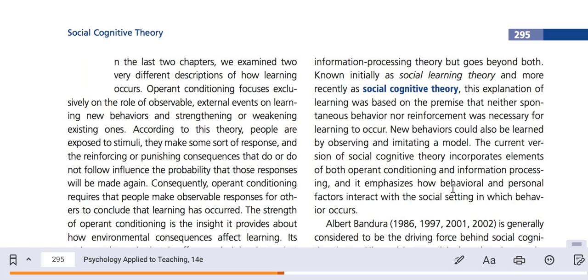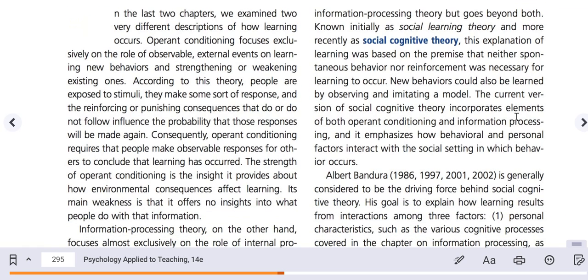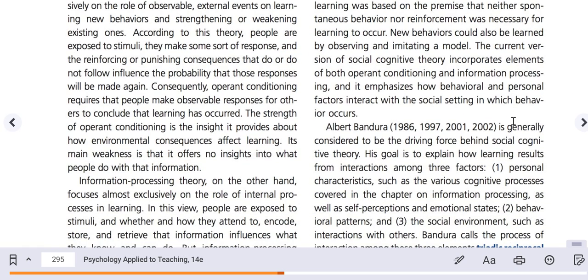The current version of social cognitive theory incorporates elements of both operant conditioning and information processing, and it emphasizes how behavioral and personal factors interact with the social setting in which behavior occurs. Albert Bandura is generally considered to be the driving force behind social cognitive theory.